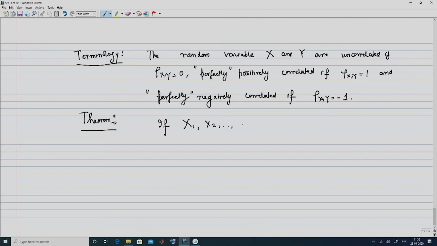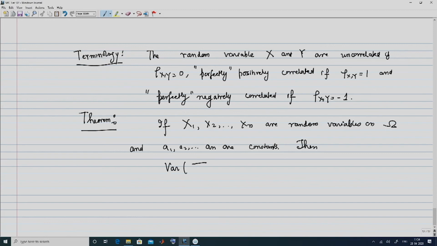So, if X1, X2 all the way to Xn are random variables on omega and a1, a2 all the way to an are the corresponding constants, then the variance of the linear combination, summation a_i X_i, i equals 1 to n, is given by the double summation i equals 1 to n, j equals 1 to n of a_i into a_j into covariance of X_i X_j.